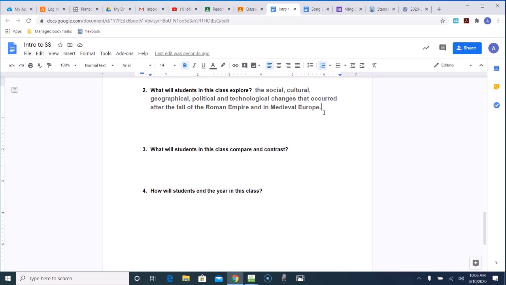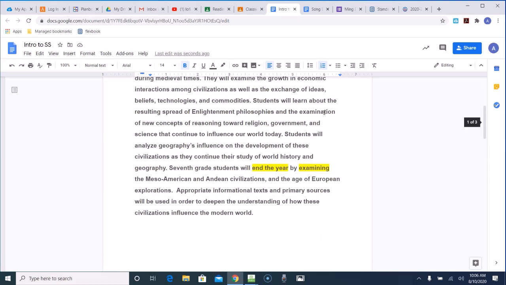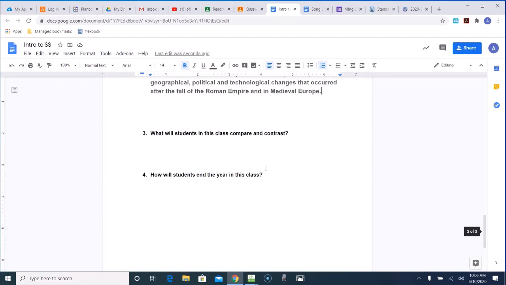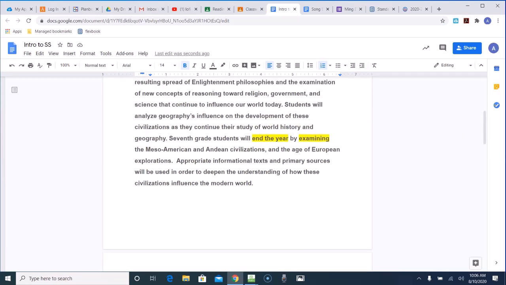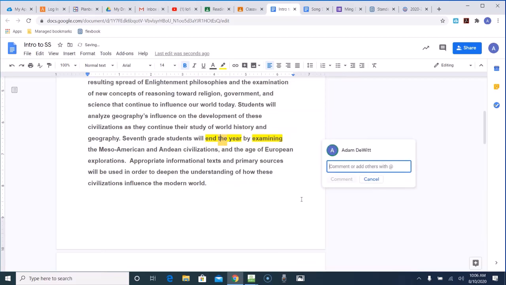That's on there. For my virtual students, you may do something like this. You may come to here where you've highlighted. That was end of year. What question was that? Was that 4? That was question number 4. You may come here. You can right click, leave a comment, and say number 4.